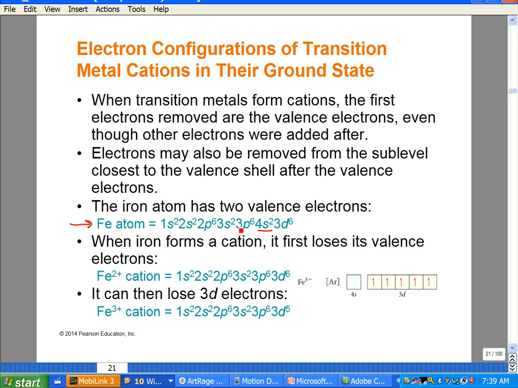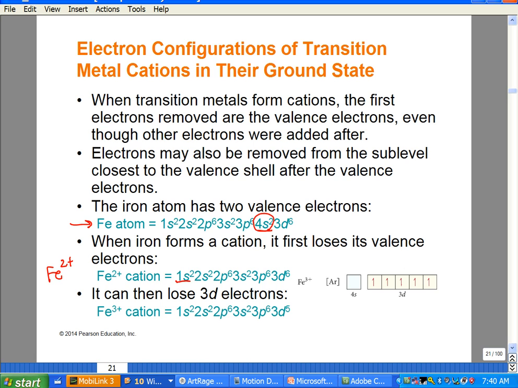Then, if we need to remove any more electrons, let's say we want to go from an iron atom to an iron 3+ cation, then we need to remove the electrons from the next energy level down. So we need to remove 3 electrons to get iron in the +3.